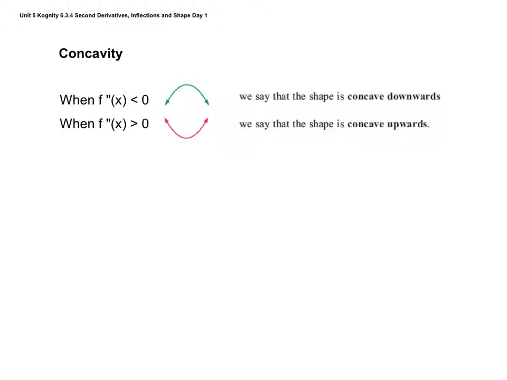It's concave downwards if the second derivative is negative, and it's going to look generally like this. Or if the second derivative is positive, it's concave upwards. Okay? Now, remember that the second derivative is the derivative of the first derivative.